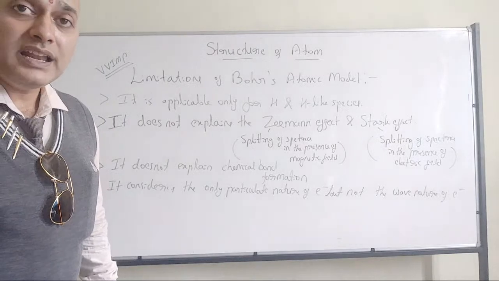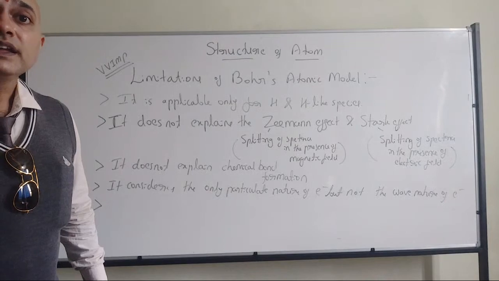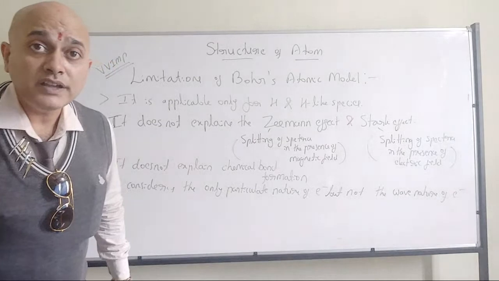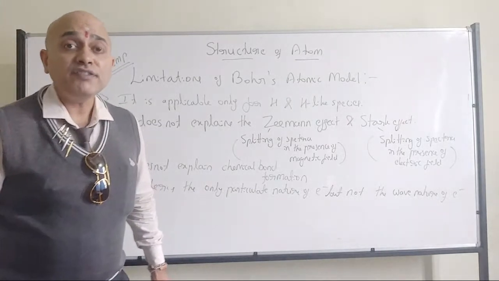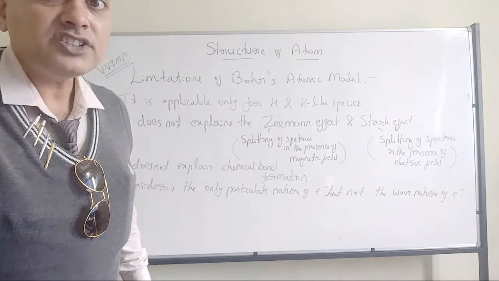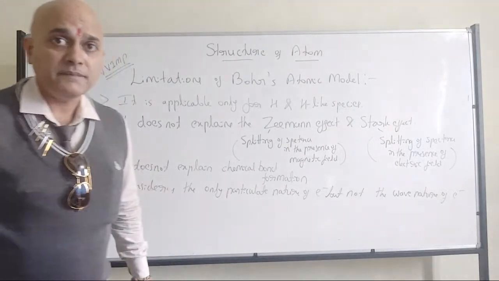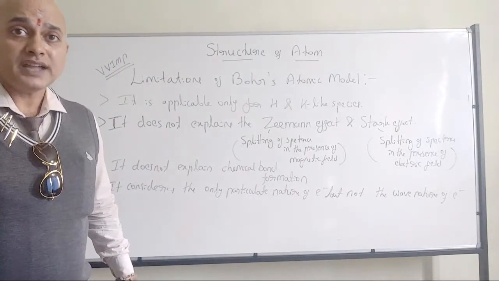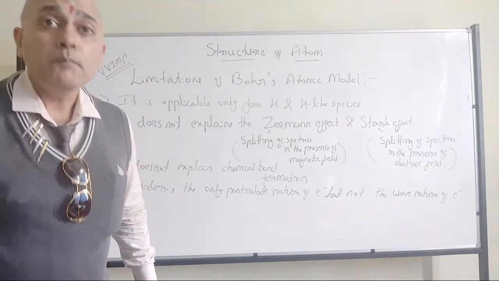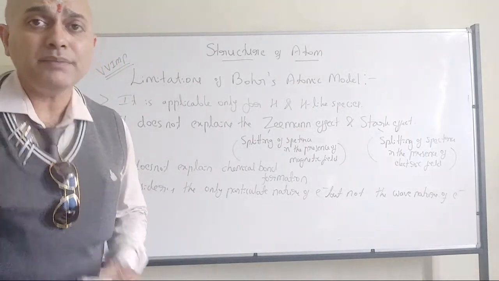In Bohr's atomic model, he told about a definite path called orbit. If you recollect, the first statement was that electrons will be revolving around the nucleus in a definite path called orbit, but that is not true. It is impossible to calculate the position and momentum of electron simultaneously because it does not have any dimension.